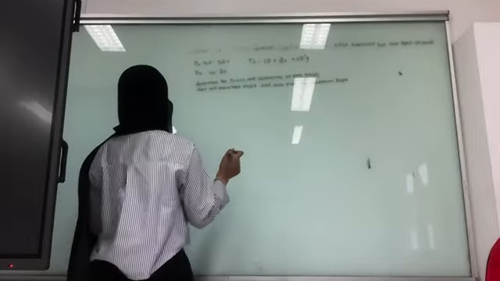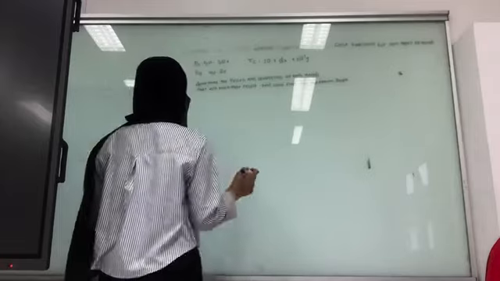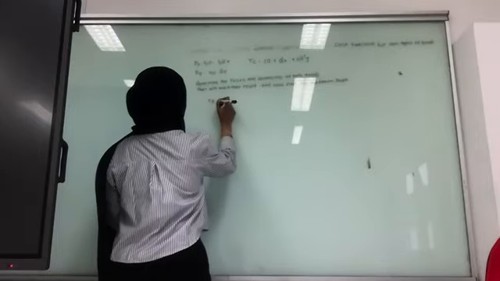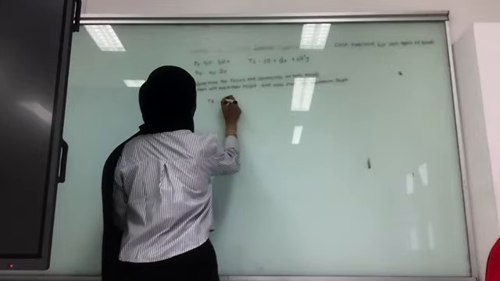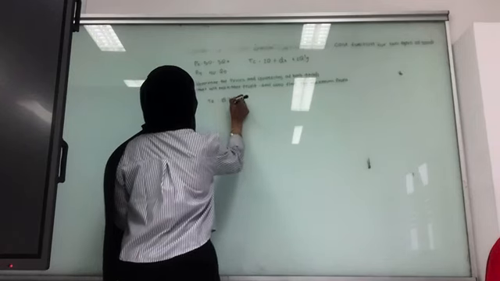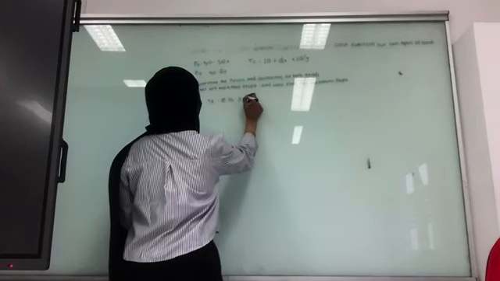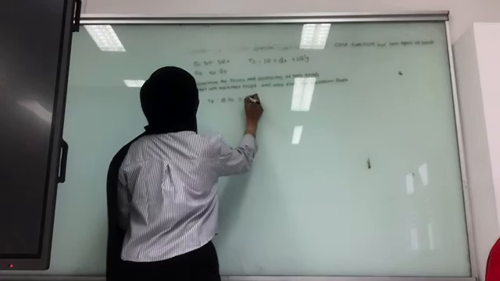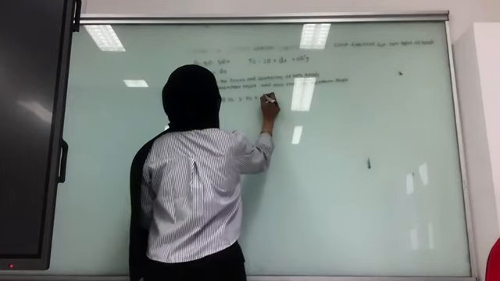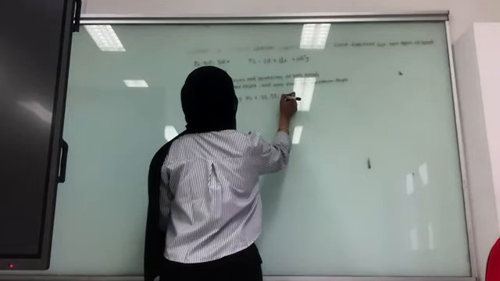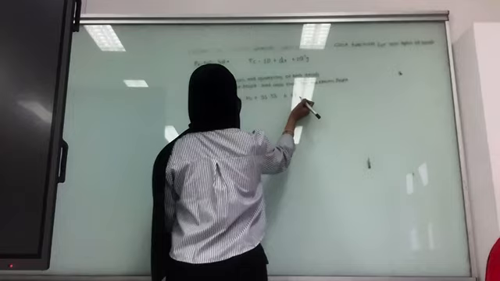Okay, next we calculate the profit. Total revenue is 18.75 times 3.75 plus 33.33 times 6.67.